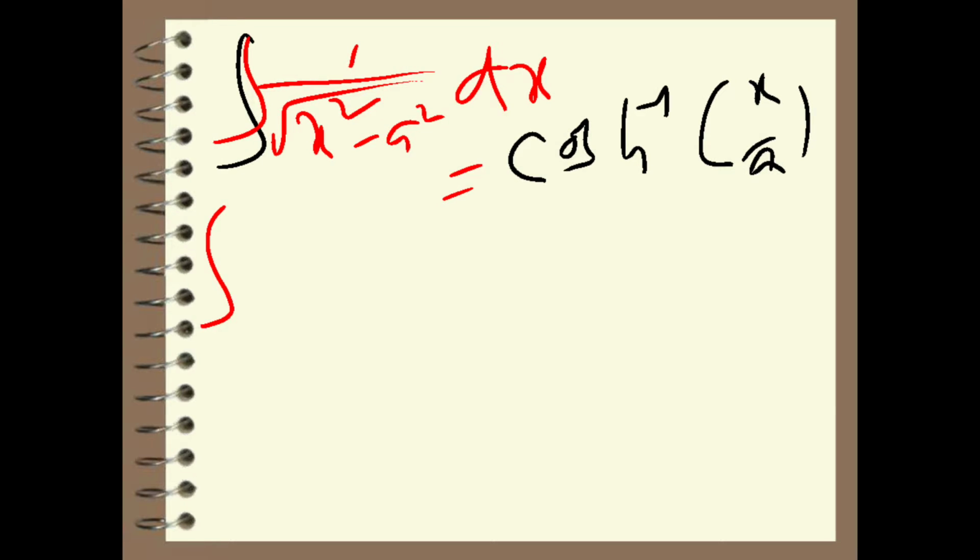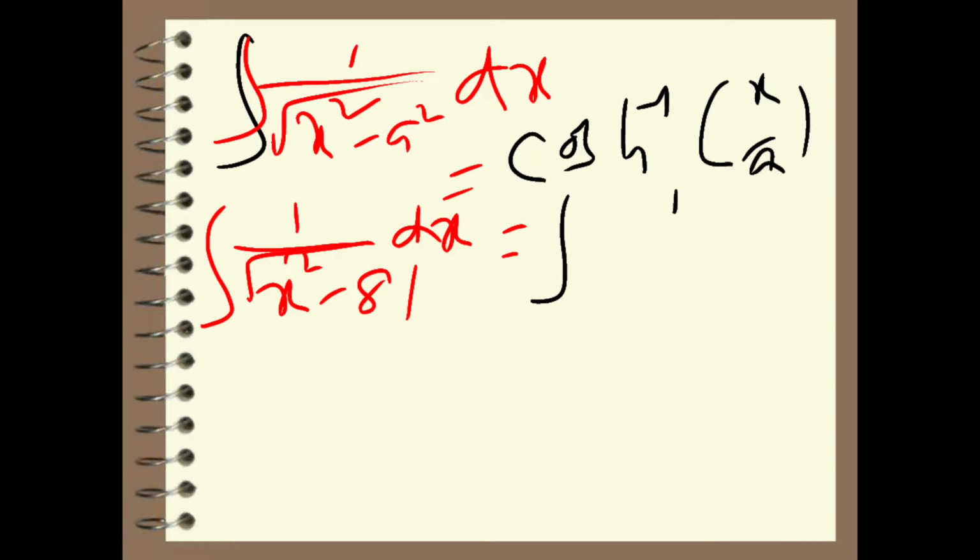We do one example. 1 by root of x square minus 81 dx. Here, already I told you in the previous class, we have to write 81 as a perfect square number. 81 can be written as 9 square.